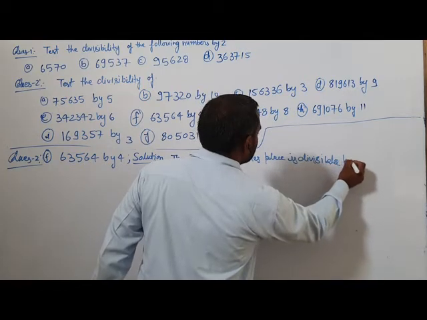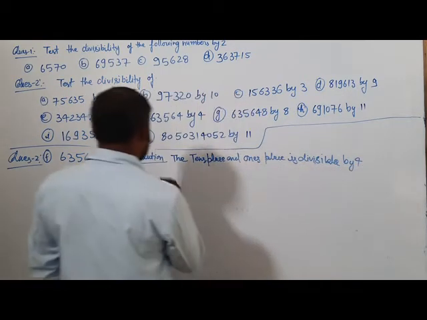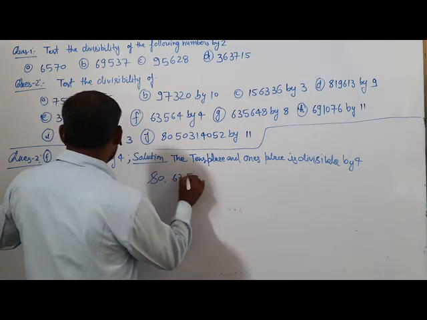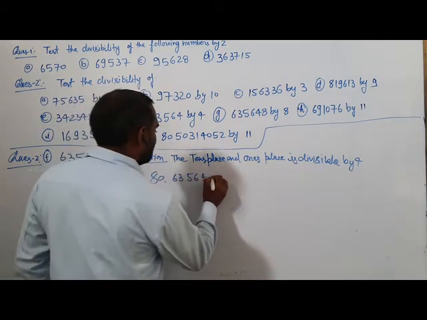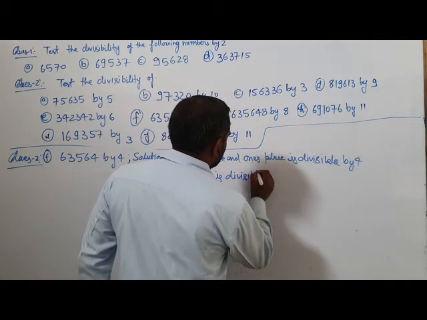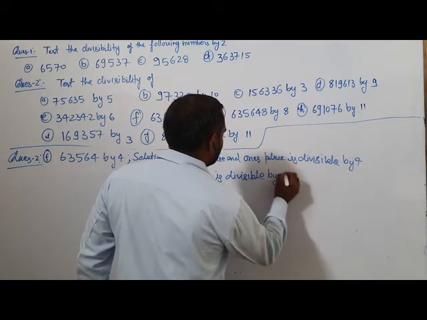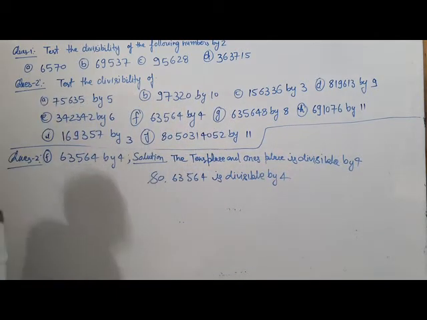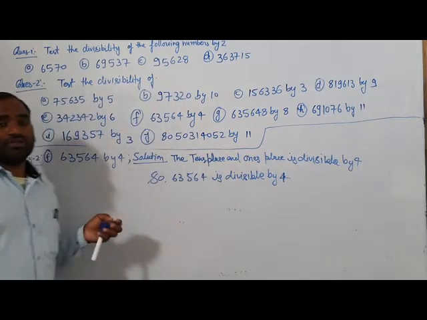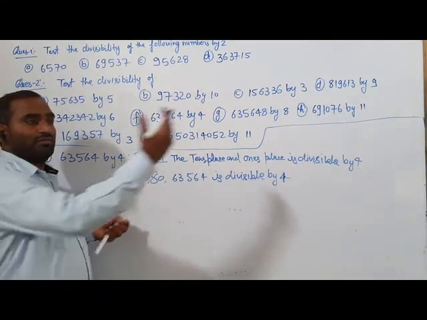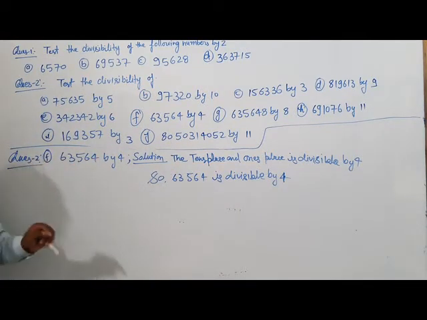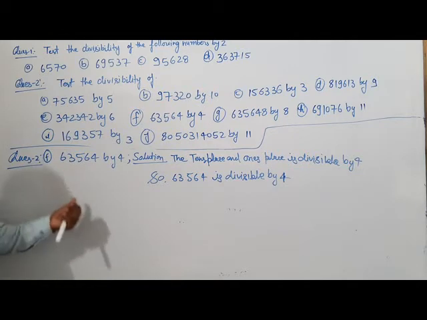So 6 3 5 6 4 is divisible by 4. Here unit place and tens place. You can say that if the last 2 digits from the right hand side are divisible by 4, then the number will also be divisible by 4.